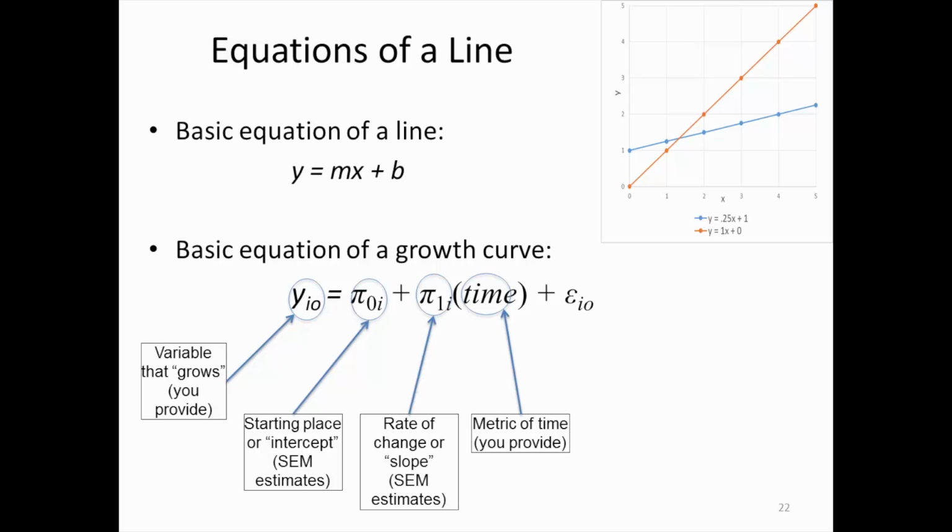When you change that metric of time, it's important to consider that metric, because if you have a very large metric, you could end up with a statistically significant slope that is 0.